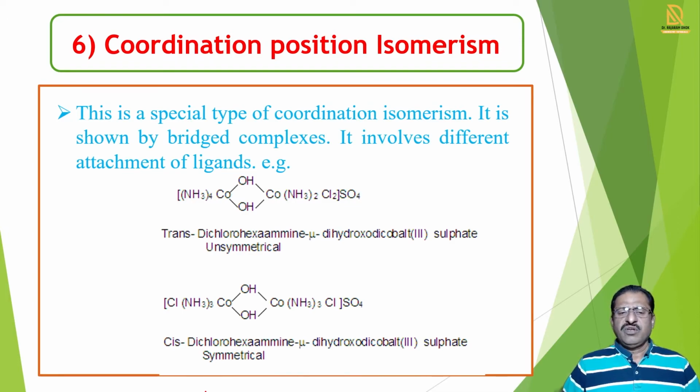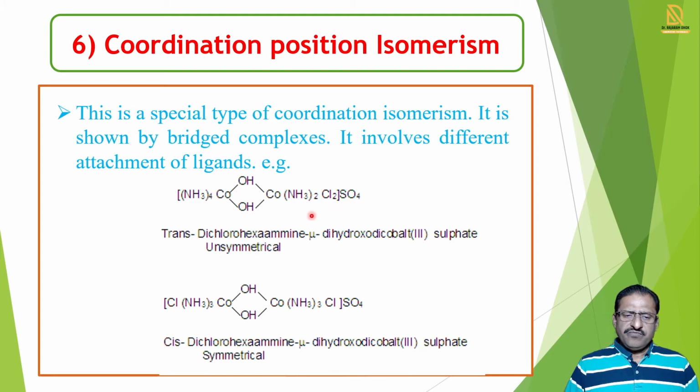We have already seen what bridged complexes are. Bridged complexes are those where ligands are attached to two different metals through a bridge, and these are called bridging ligands. When such bridging ligands are present, the isomerism formed is called coordination position isomerism. Here we take the example [(NH3)4Co(OH)2Co(NH3)2Cl2]SO4.